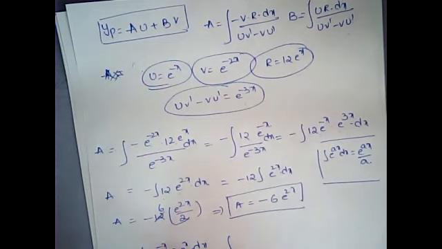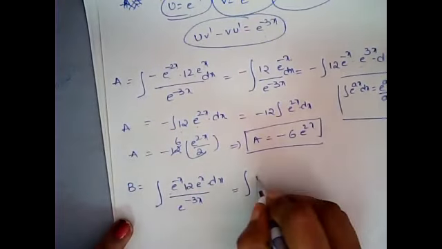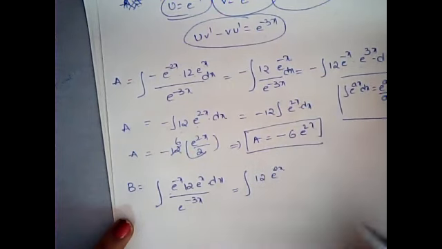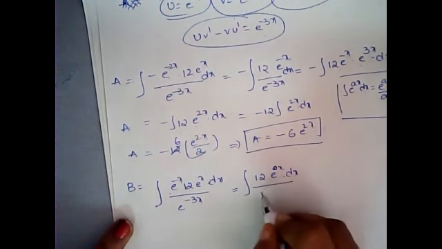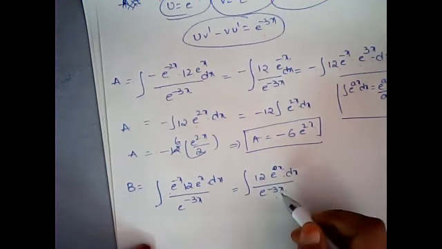Similarly, when the bases are equal, we need to add the powers. So which will be here 12 e power 0x. E power 0x means which will be nothing but 1. Right? So into dx by e power minus 3x. Now take this e power minus 3x to the numerator.